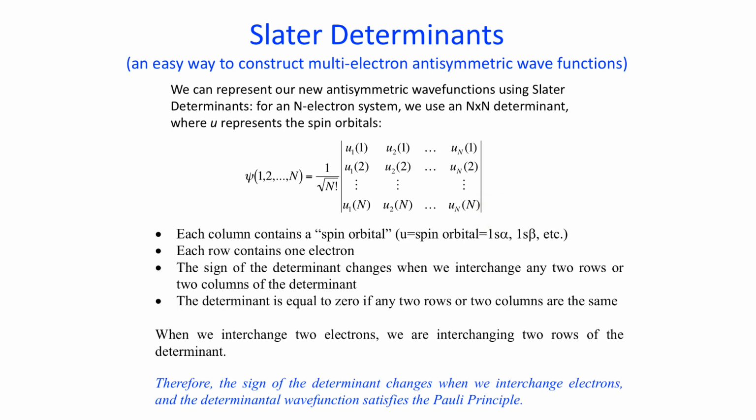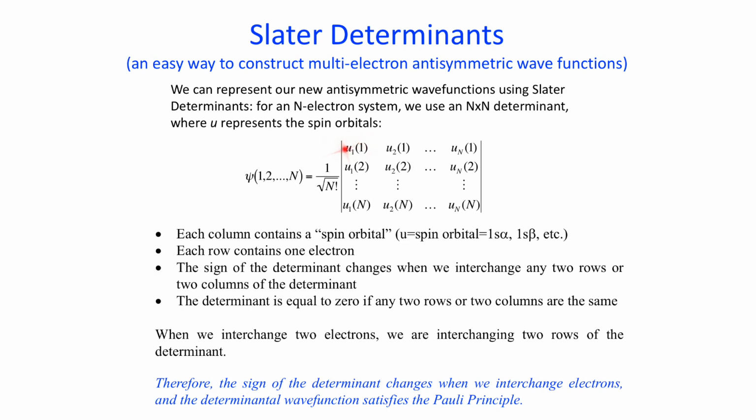Inside here we call these matrix elements. Each individual term is a matrix element. Those U's are shorthand for our spin orbitals. Each U is a spin orbital. Remember, a spin orbital contains both a spatial and a spin part of our wave function.